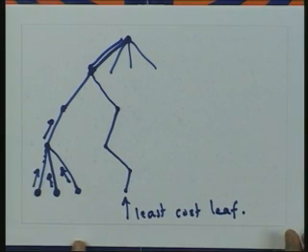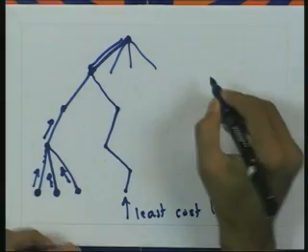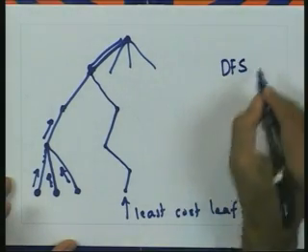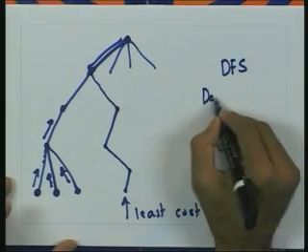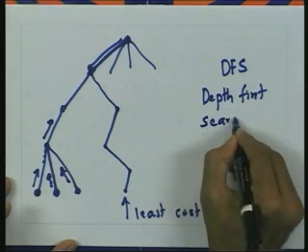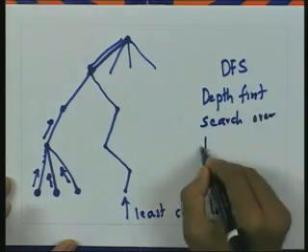So this completes a description of this search procedure. In fact, if you have studied this in the data structures course, what we have done really is a depth first search over the search space.